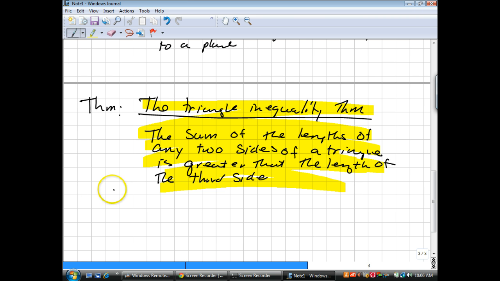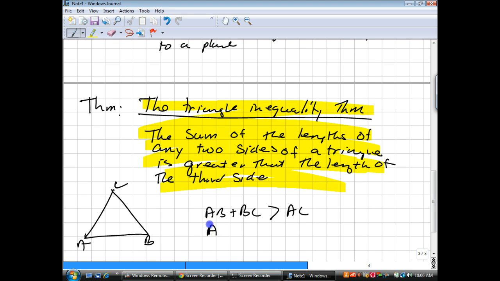And it just says that if you have a triangle ABC, then the length of AB plus the length of BC has to be greater than the length of AC. And that's true for any two sides that you pick.